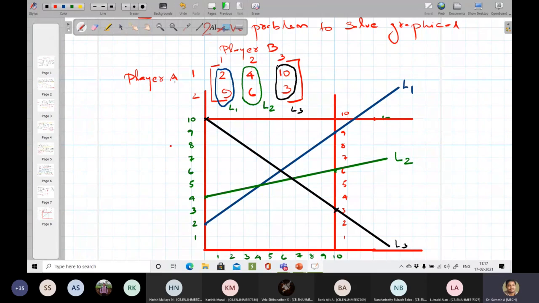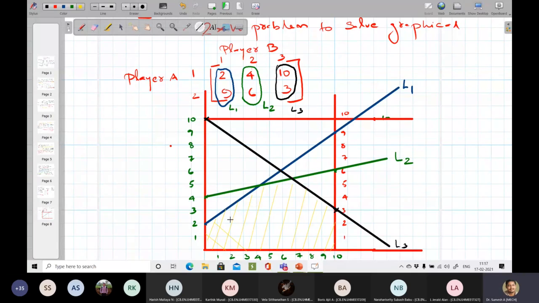This is the feasible solution region for the case of a 2 cross n problem, the area which is bounded by all the 3 strategies.